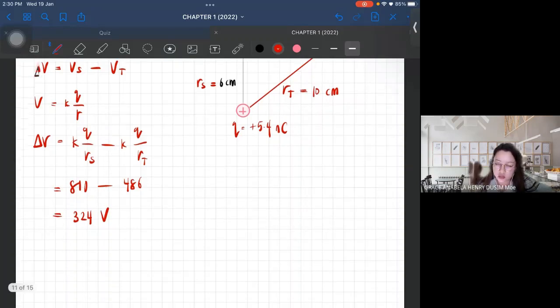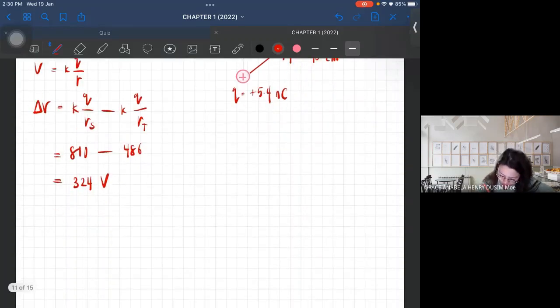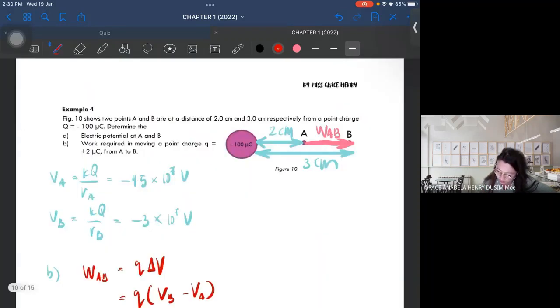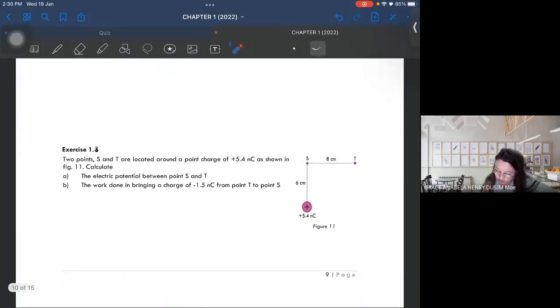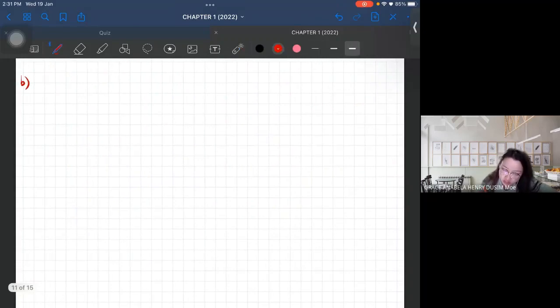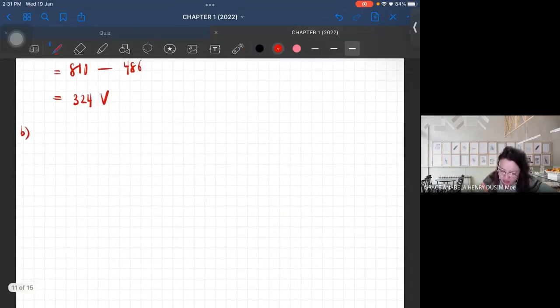And then question B. Let's calculate the work done in bringing a charge from point T to point S. Remember the work done is calculated using Q delta V. So basically Q is the one that was given earlier, which is 1.5 nanocoulomb.